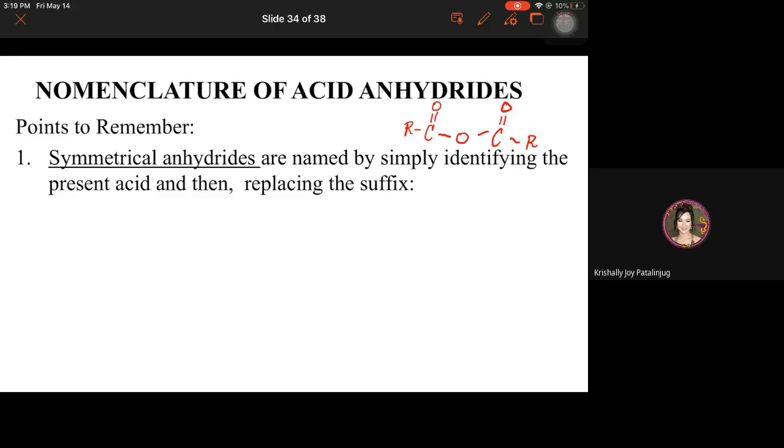All right. So again, for the functional group of acid anhydride, it actually composes two carboxylic acids. Okay, combination siya of two carboxylic acids.